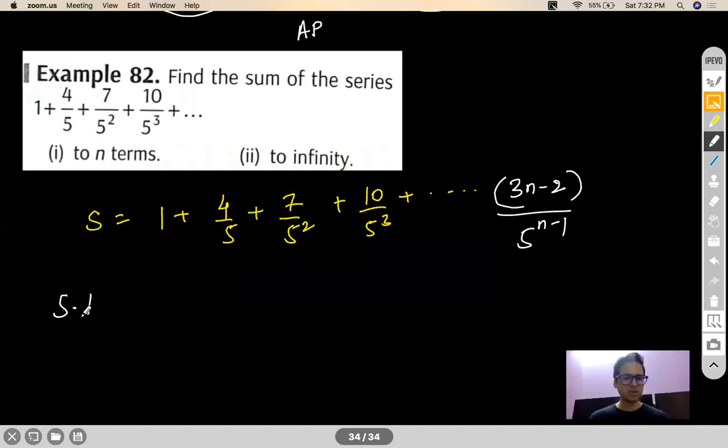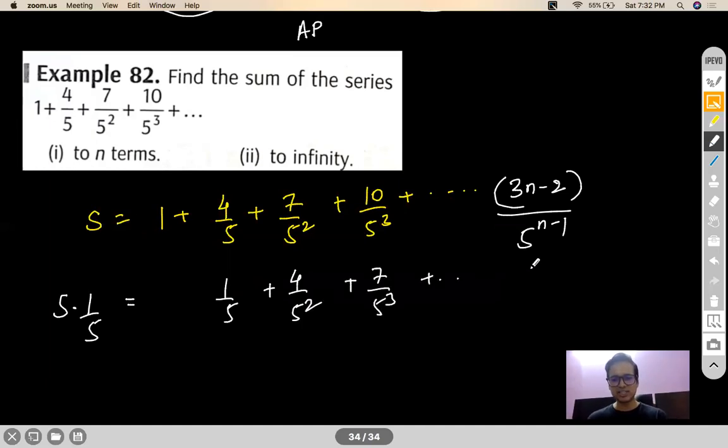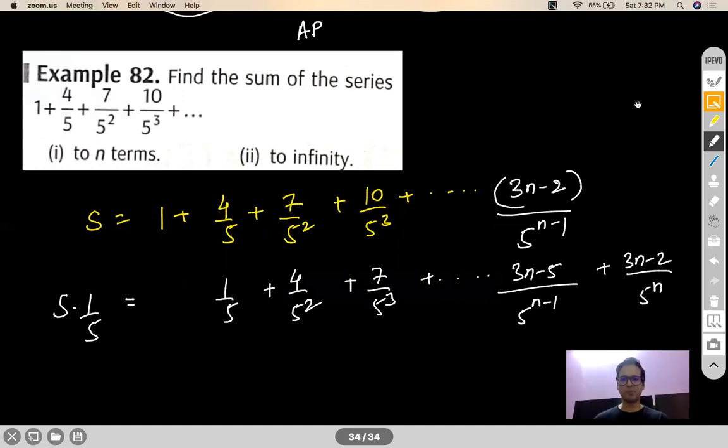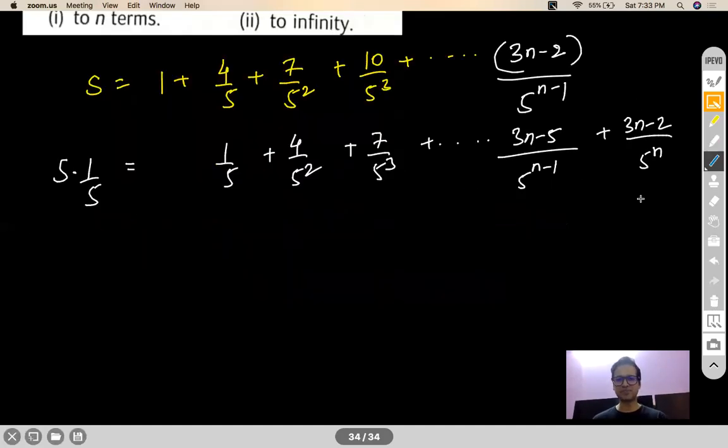So we multiply the whole series with 1 by 5 and write it one shifted to the right. So 1 by 5 will come here, 4 by 5 square will come over here, 7 by 5 cube will come over here, (3n minus 5) by 5 to the power n minus 1 will come over here, and (3n minus 2) by 5 to the power n will come over here, right? Now take the difference.